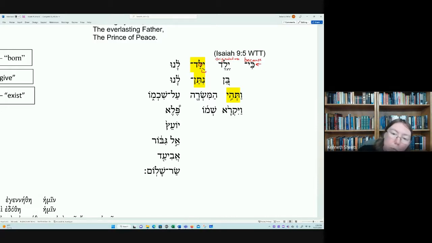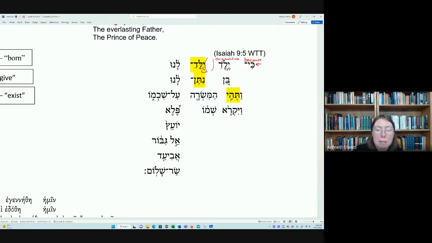Notice here as well that this particular word is built off of the same triliteral root as the word that we just saw: yod, lamed, dalet. These two words are related. They come from exactly the same source. So this is a pual. It is perfect, which means completed action. I can tell that because there is no imperfect preformative here.